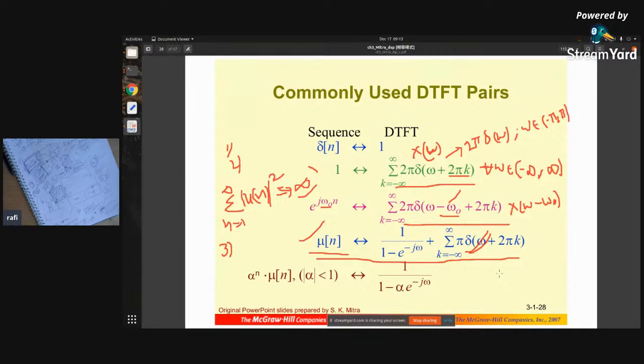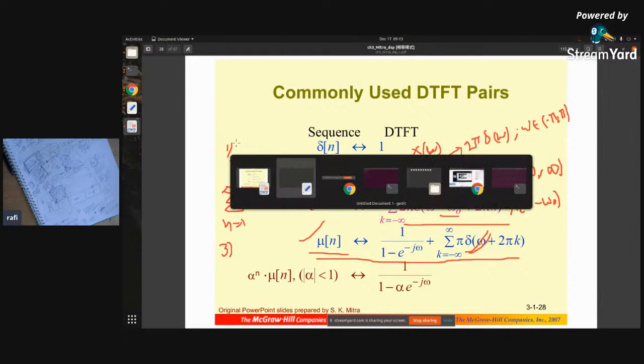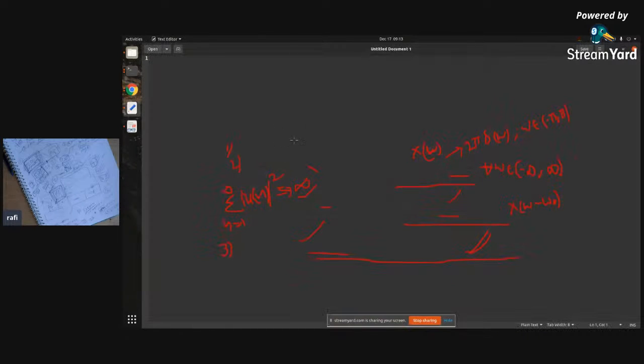So how to prove this? We need to prove: what is the DTFT of this u of n?